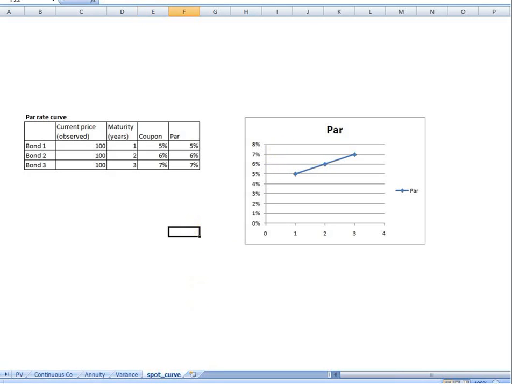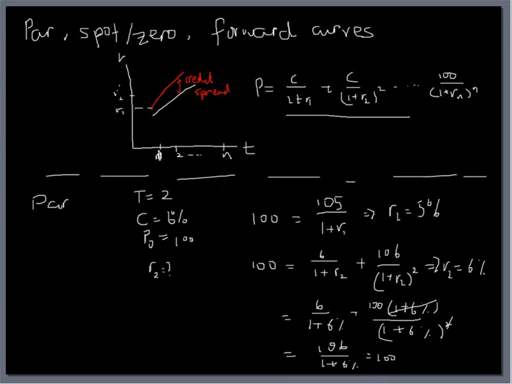Okay, let's move on to the concept of a forward curve. Let me use a new worksheet. Before we look at the forward curve, let's illustrate the concept of a forward. Assume that someone tells you that he wants to borrow $100 in 1 year's time, and he's going to borrow for 1 year, so he's going to pay you at the end of the second year.